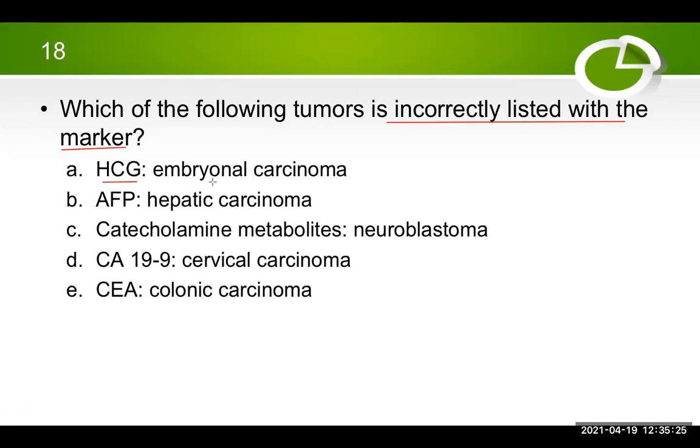HCG and embryonal carcinoma, AFP and hepatic carcinoma, catecholamine metabolite with neuroblastoma, CA19-9 with cervical carcinoma, and CEA with colonic carcinoma. So which do you think is the atypical one? Which do you think is not matching with each other?